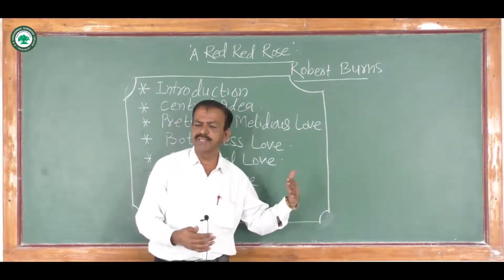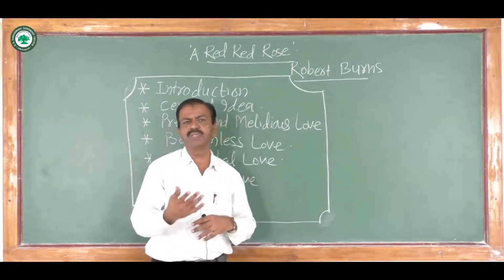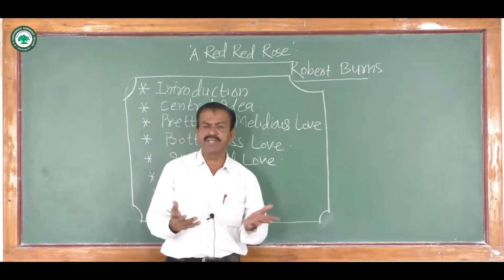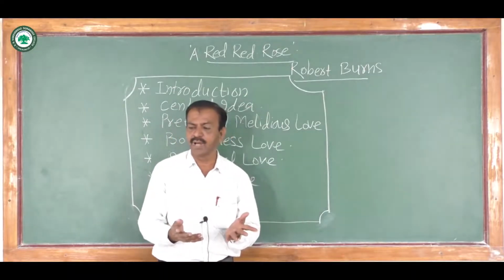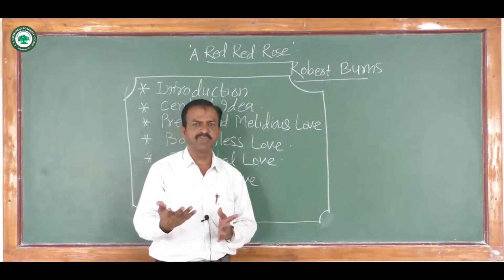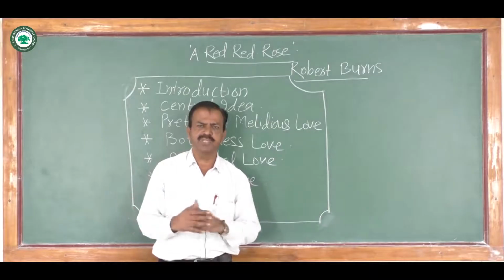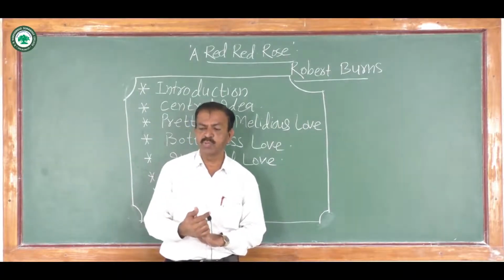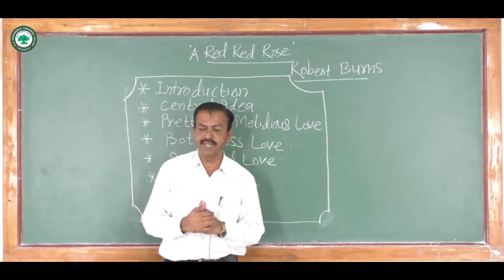We also studied that hyperbole is used in the poem. He wants to love her till all the seas gang dry, or the rocks melt with the sun. These things cannot be possible, so here hyperbole is used to express his love.